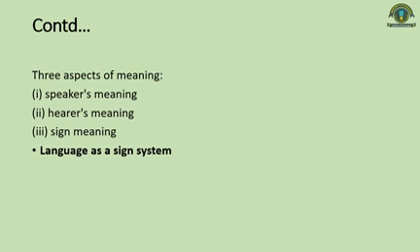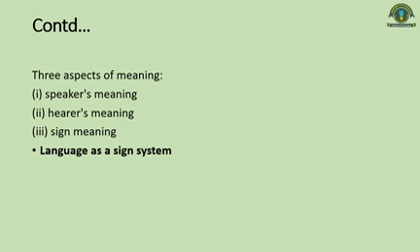Students, it is worth mentioning here that meaning has three aspects. Number one is called speaker's meaning. Now, what is meant by speaker's meaning? It is indicating the speaker's intended message.